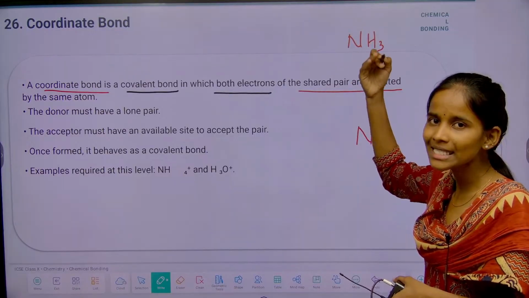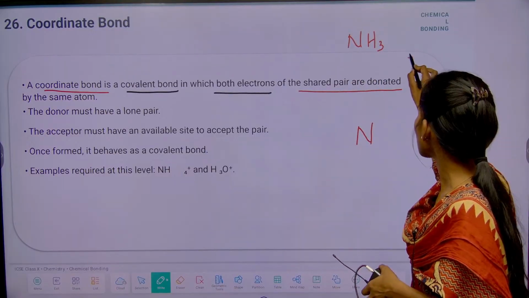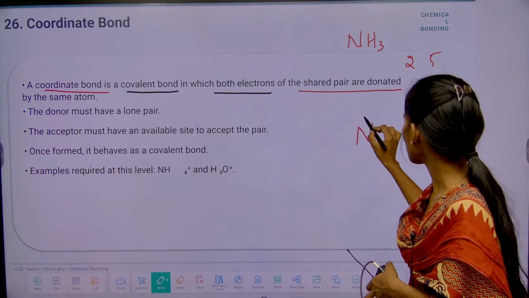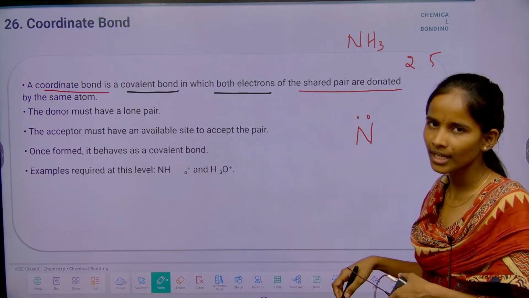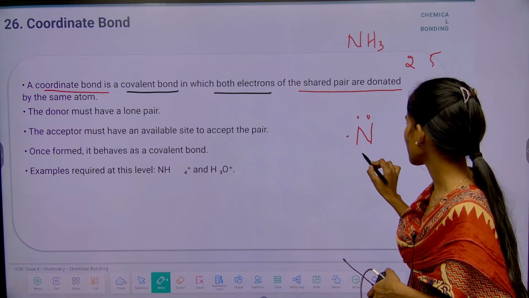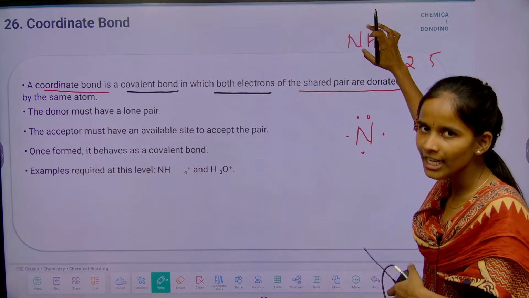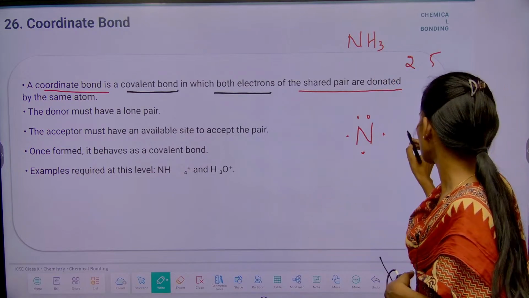Nitrogen's atomic number is 7, which means 2, 5, so 5 valence electrons are there. So I write 2 electrons here, and the remaining 3 electrons, 1 here, 1 here, 1 here. And 3 hydrogens are there, each hydrogen with 1 electron. So we write it like this.